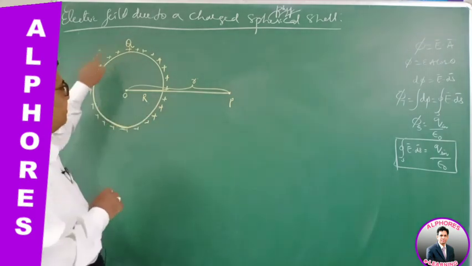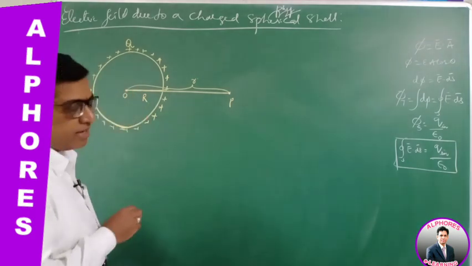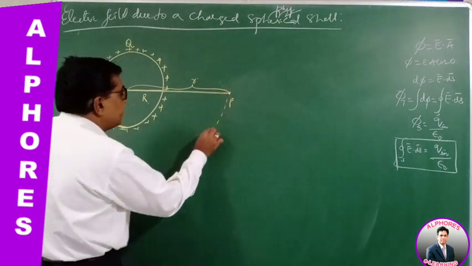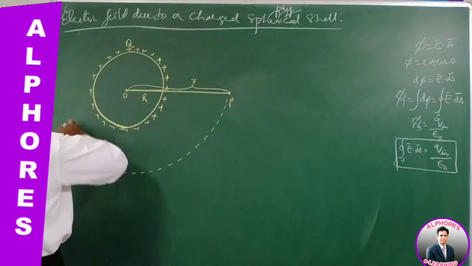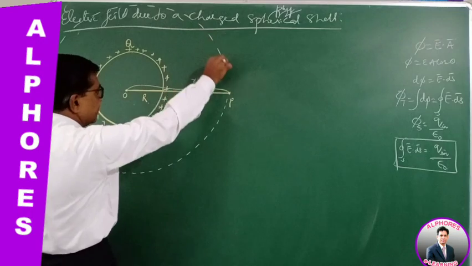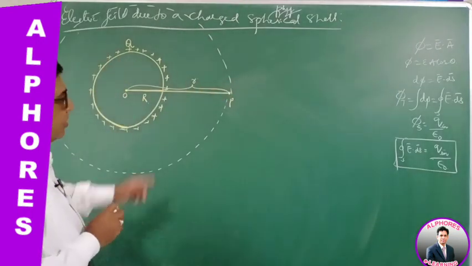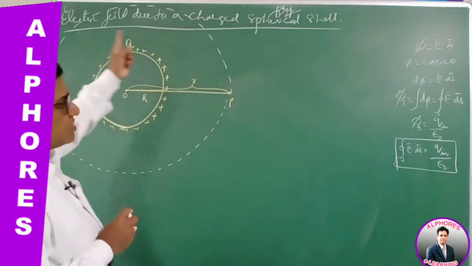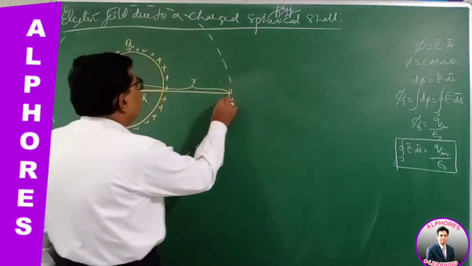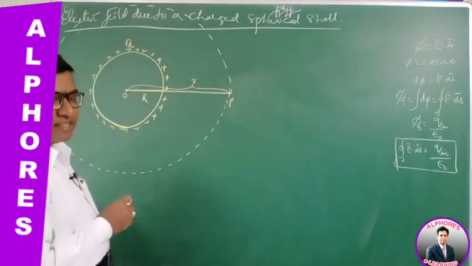Since the charge given to us is a sphere, you have to imagine a spherical Gaussian surface enclosing the charged sphere inside it.